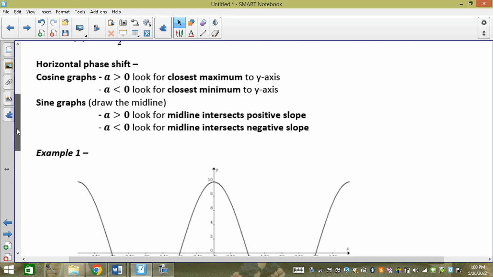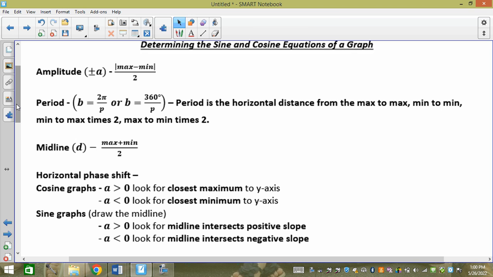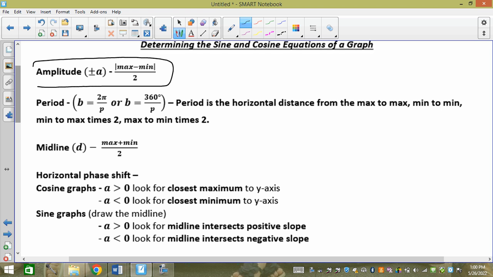Off of a graph, the amplitude is this formula, or half the distance from the max to the min. And sorry, I should say half the vertical distance. Oopsie. Half the vertical distance. So we're going to use the formula each time, but we're also going to just count and see if it works out.